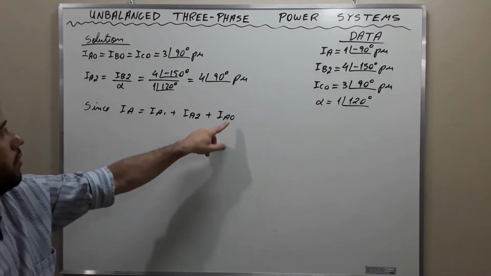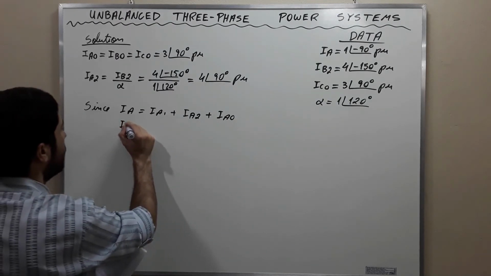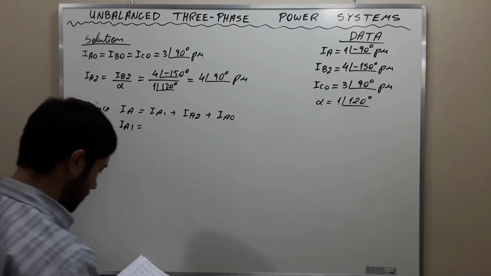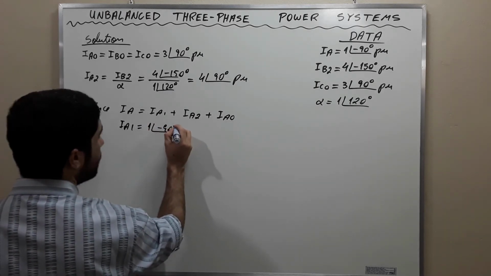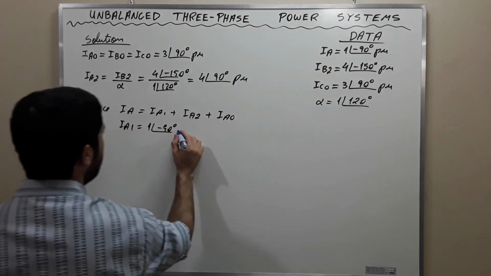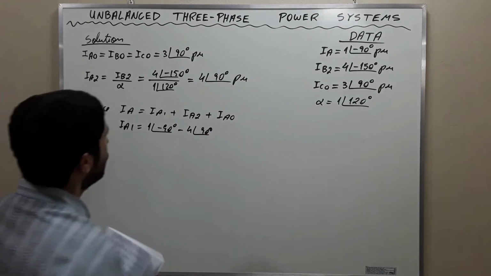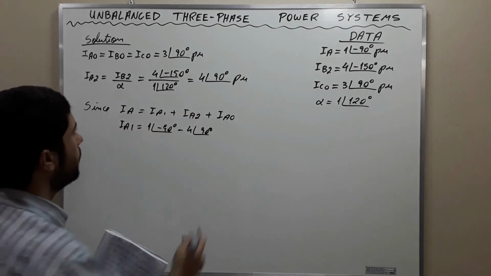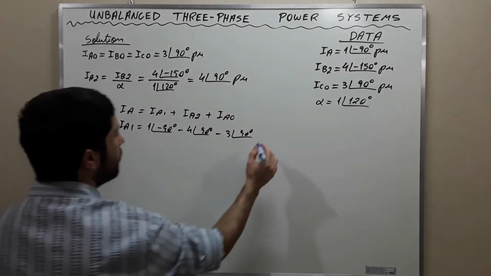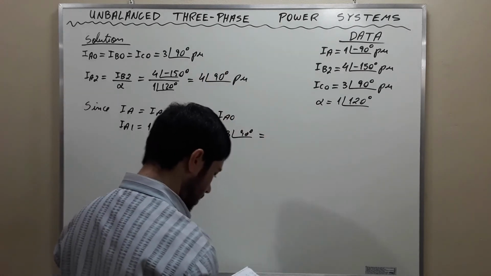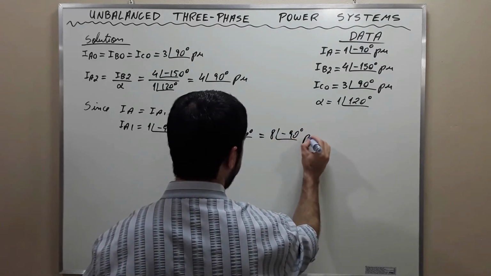We can calculate IA1, which is going to be equal to 1 phase minus 90 degrees, minus 4 phase 90 degrees, minus 3 phase 90 degrees. And the result is 8 phase minus 90 degrees per unit.